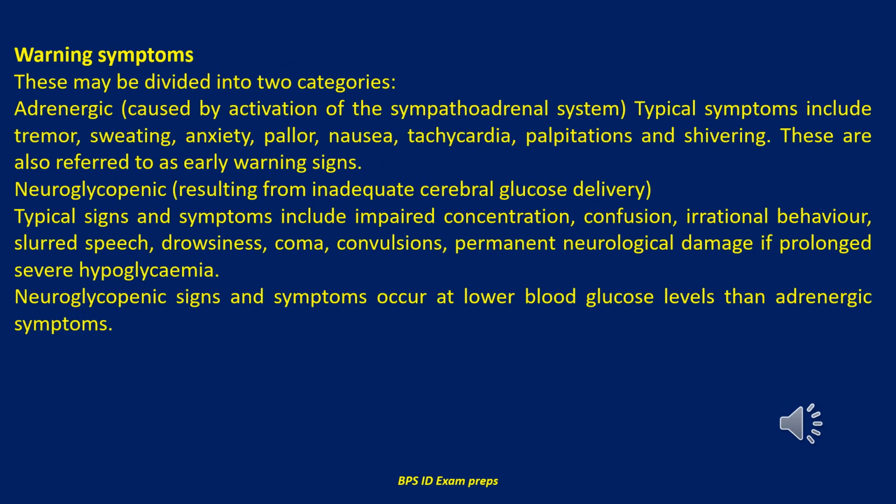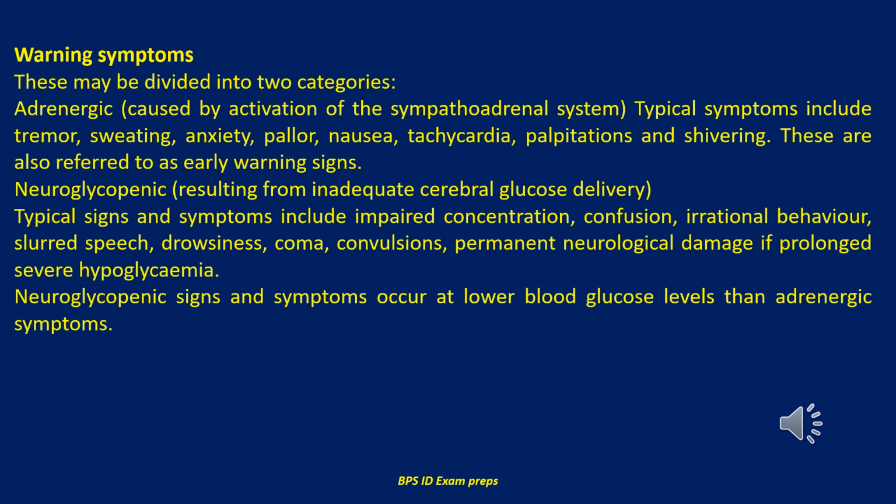Warning symptoms may be divided into 2 categories. Adrenergic, caused by activation of the sympatho-adrenal system. Typical symptoms include tremor, sweating, anxiety, pallor, nausea, tachycardia, palpitations and shivering. These are also referred to as early warning signs. Neuroglycopenic, resulting from inadequate cerebral glucose delivery.